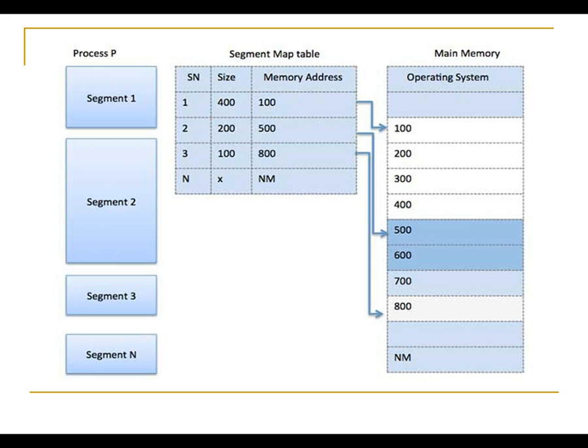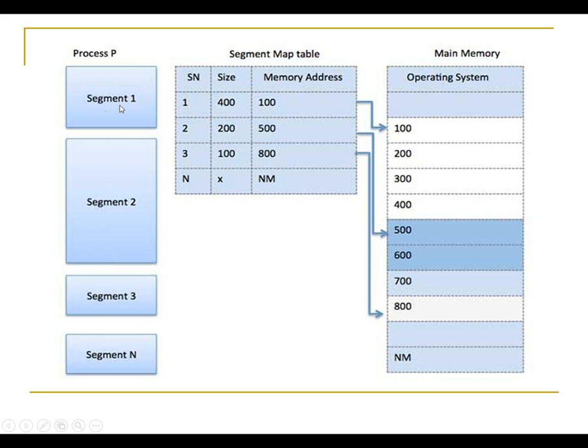This is one example of a segment table which is maintained by the operating system in between the allocation of memory for a specific process or a number of processes. As you can see, on the left-hand side various segments are available.